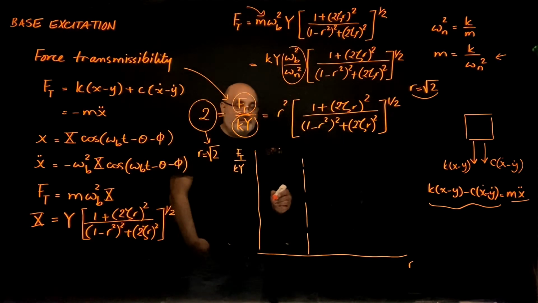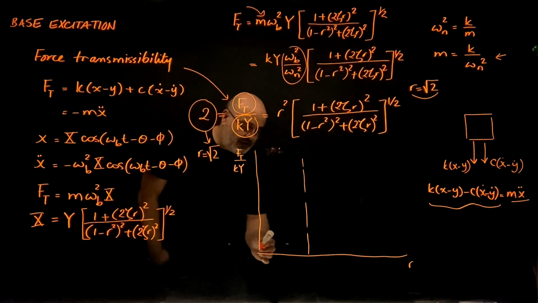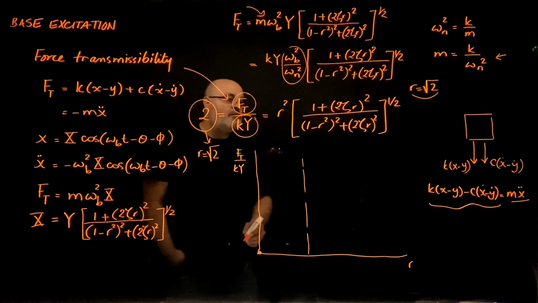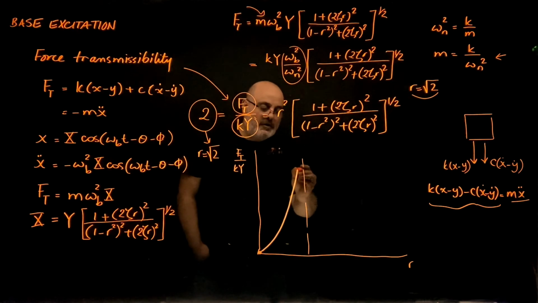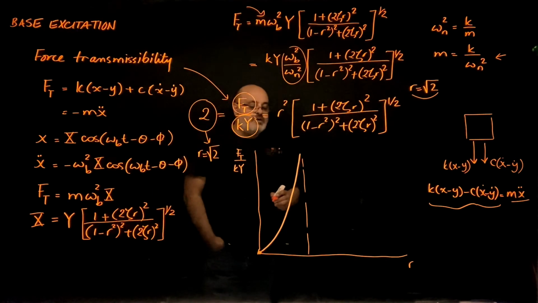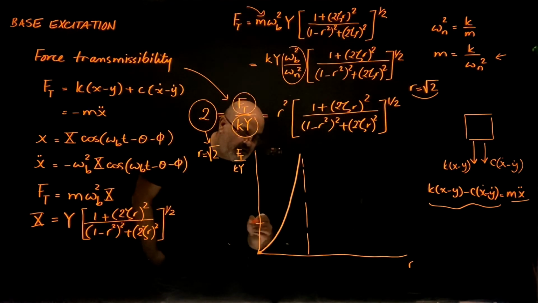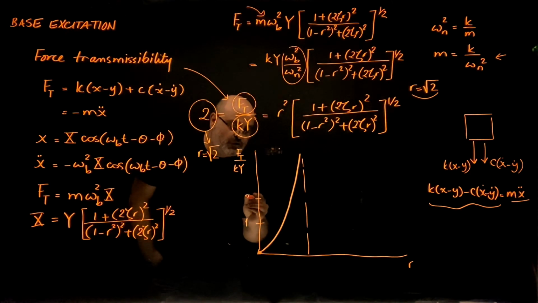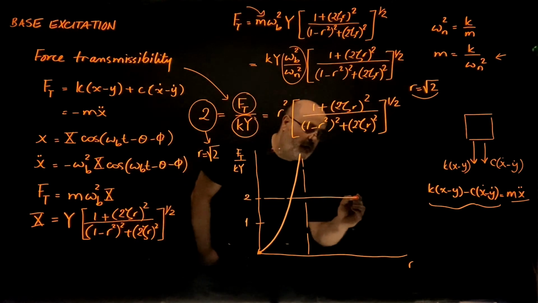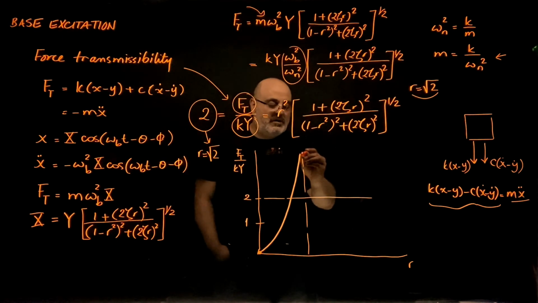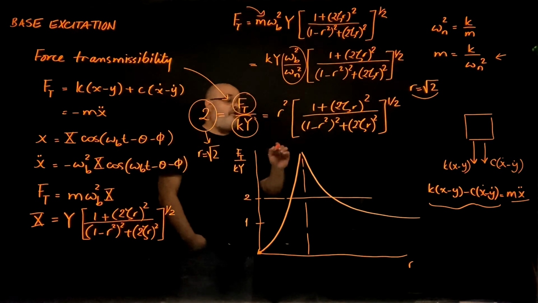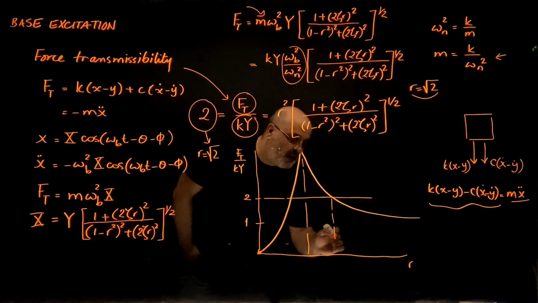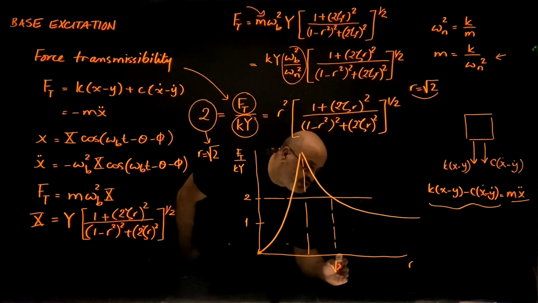First, that for r equals 0, the force transmissibility starts at 0, okay, goes up to infinity for zeta equals 0, but then this is 1, this is 2, it will go down to some value other than 1 at square root of 2.